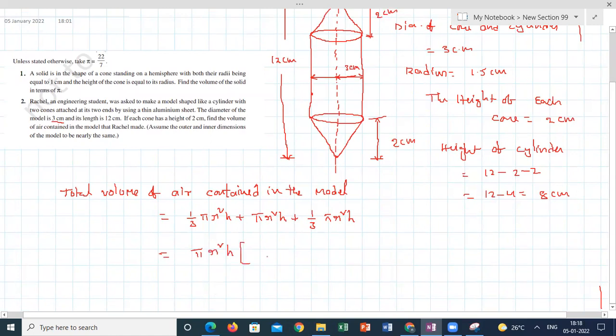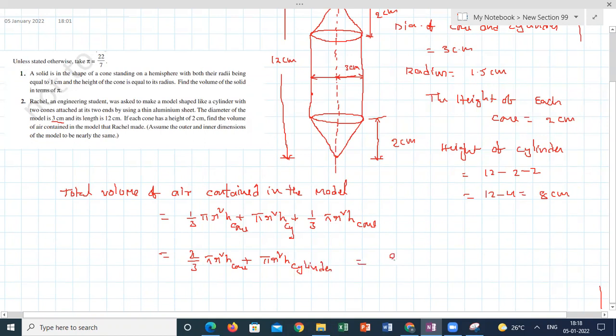No, pi r square h is not common here. This is the height of the cone, this is the height of the cylinder, and this is the height of the cone. So 1/3 pi r square h repeated 2 times, where h is the height of the cone, plus pi r square h for the cylinder.